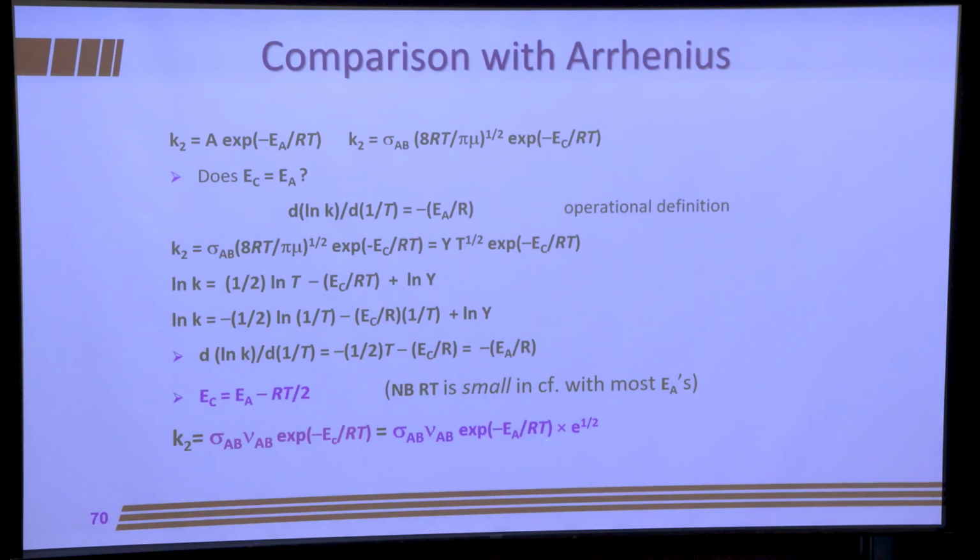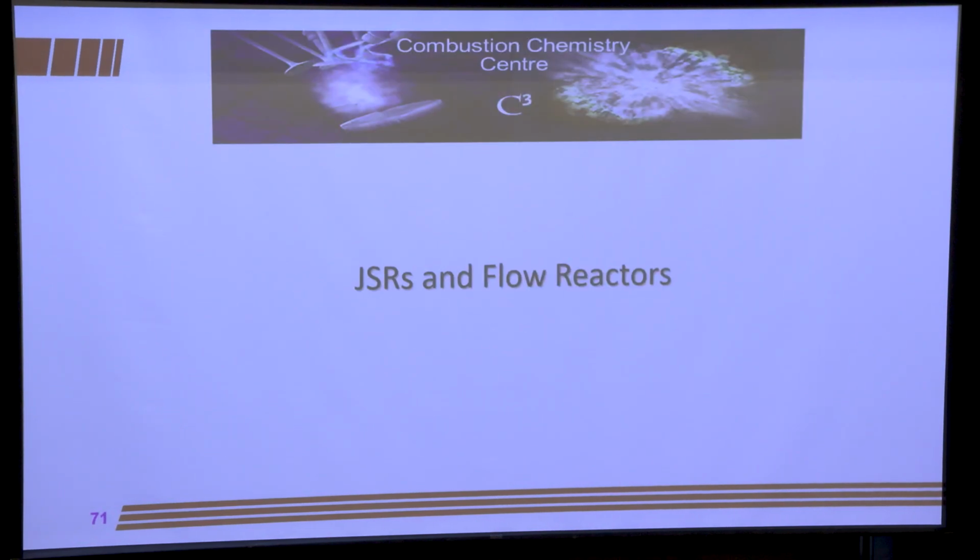So you have to include this times e to the half term to correct, okay? And now you can put in EA, okay? So that's the relationship between the two. Have a look at that yourself and derive it yourself. I kind of went quickly, but I think it's fairly clear. Most of you will be familiar with that.